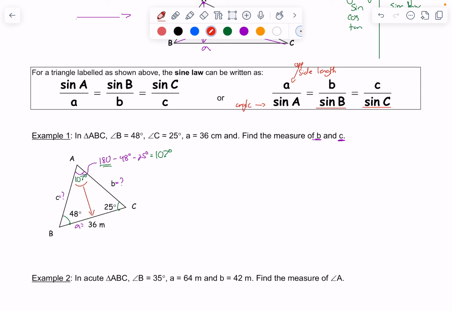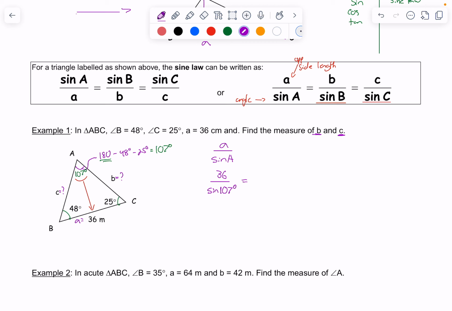When I say combos, an angle and its opposite side length. That's what the sine ratio is. So because I have the ratio a over sine A, I know what this is. This is 36 centimeters, the measurement given, and we just found what big A was. It was 107. So I know what this ratio of side length to angle is. I can set that equal to any combination of angle and opposite side length.